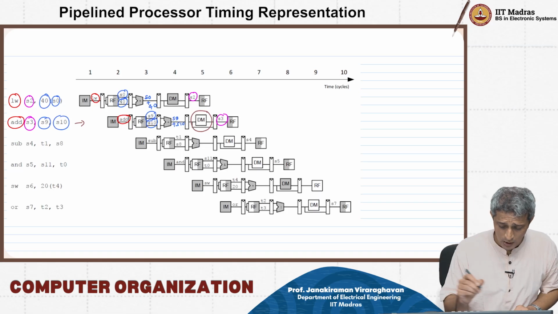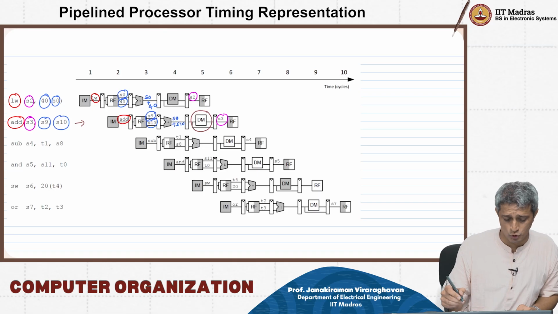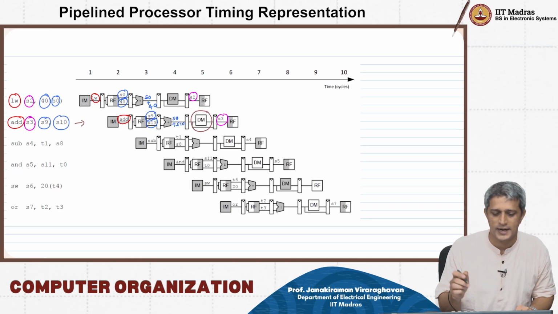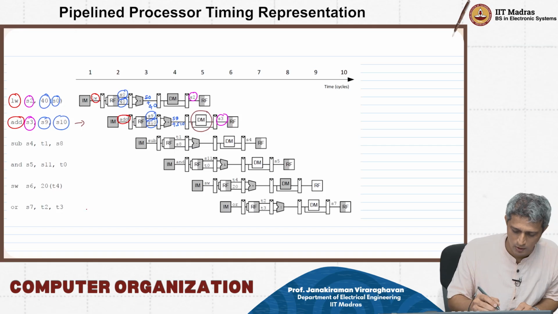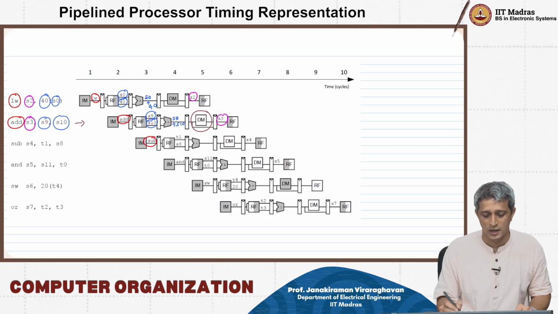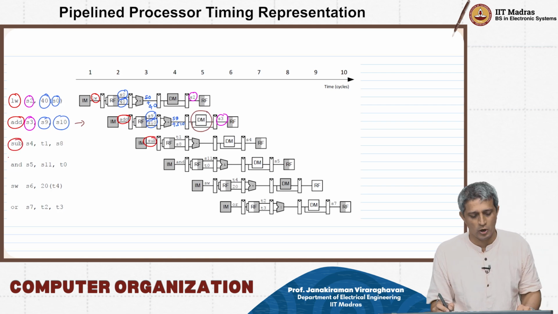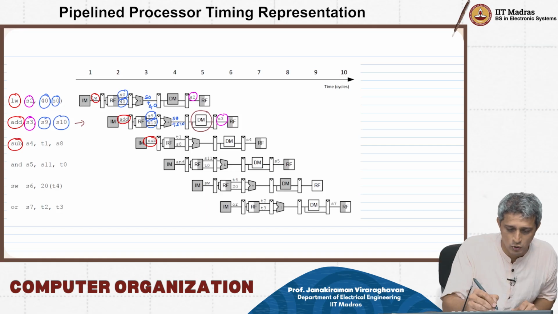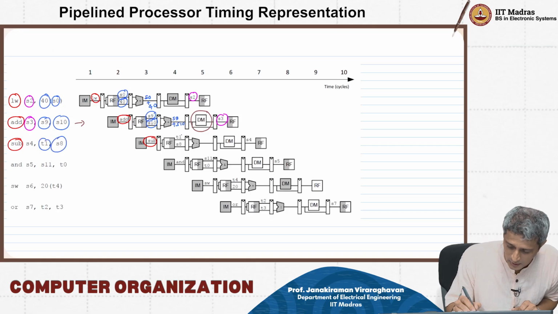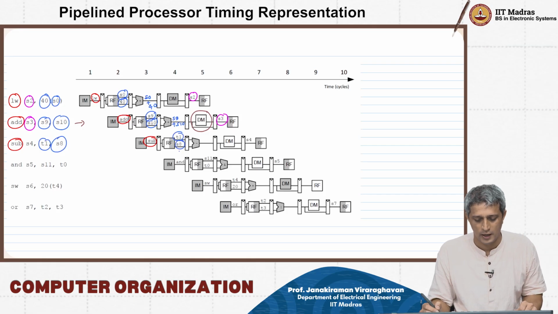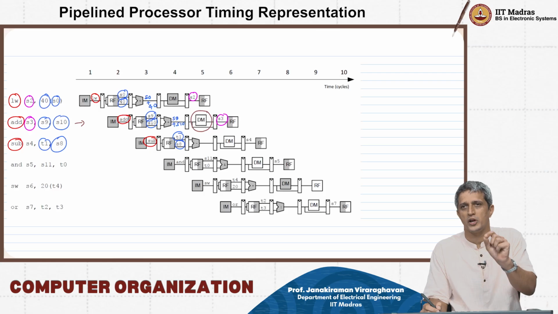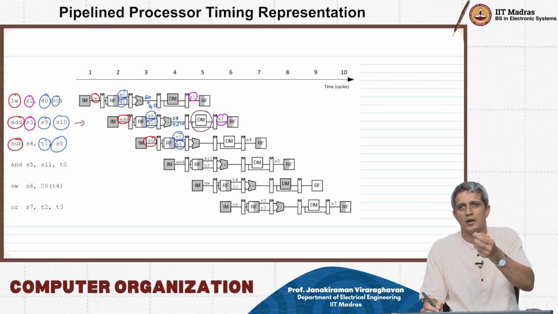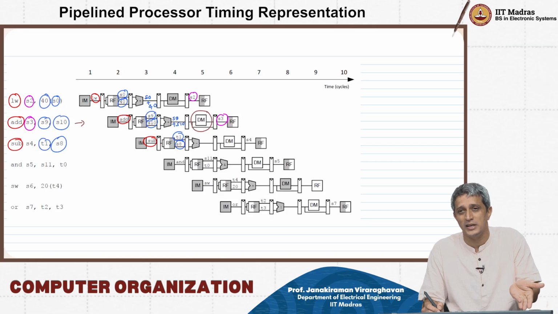Likewise, the third instruction is subtract S4, T1, S8. So in the third cycle you are fetching this instruction corresponding to this particular opcode mnemonic, and then you are giving these two operands to the register file, and then doing the subtract operation. Inside the ALU you are indicating whether you are doing plus, minus, whatever ALU operation you chose, as per the instruction.